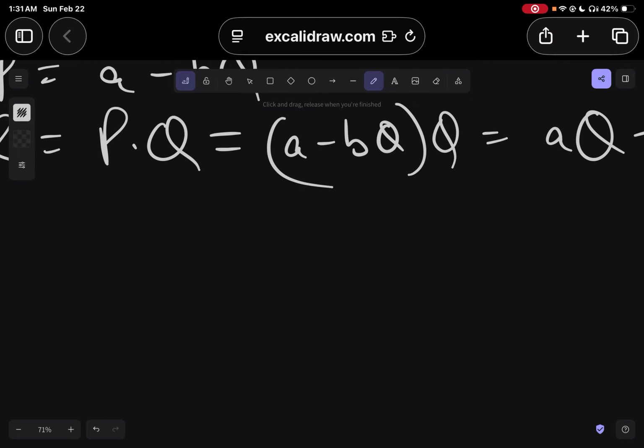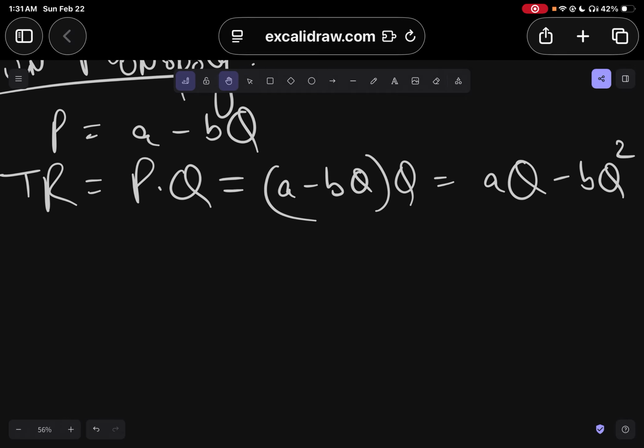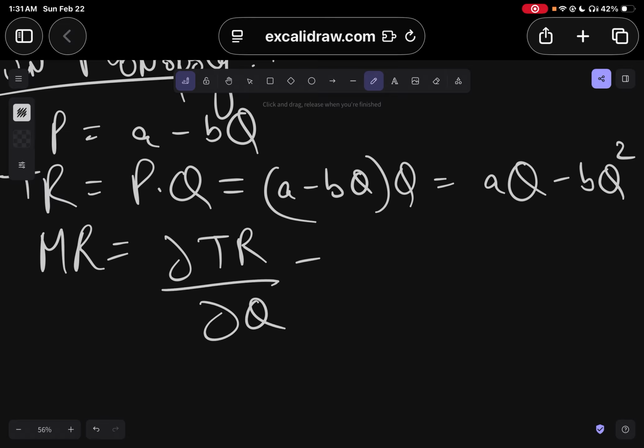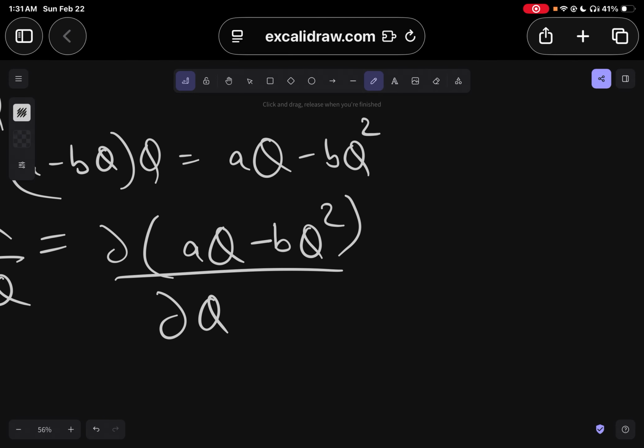I'm new to this, sorry. Then marginal revenue will become del TR by del Q, which is del of AQ minus BQ square by del Q. This will be simply A minus 2BQ.